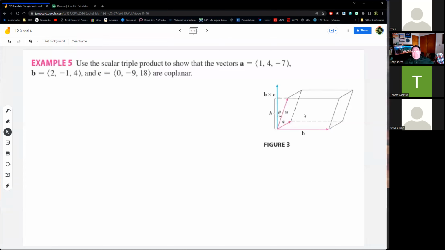So in essence, if I have three vectors that are coplanar, there is no vector that's going to be perpendicular to them all, because they are all on the same plane. That's why it comes out to be 0. It's just easier to show you as a picture.